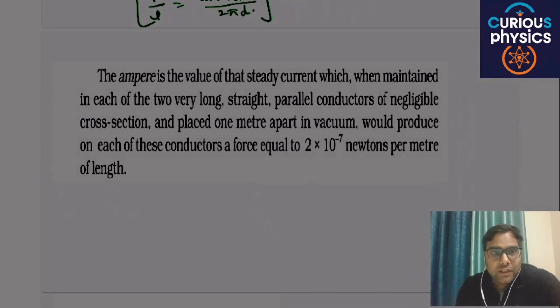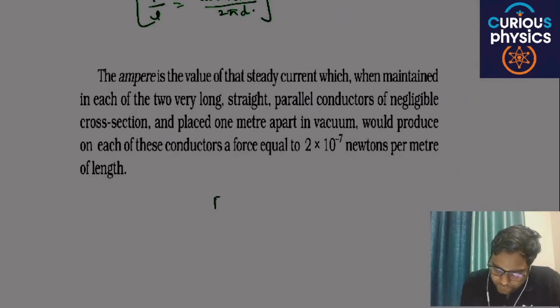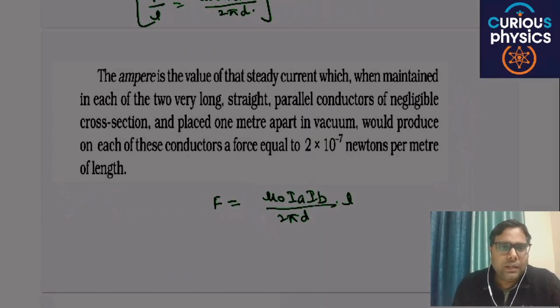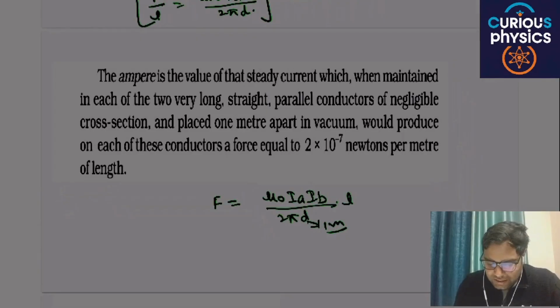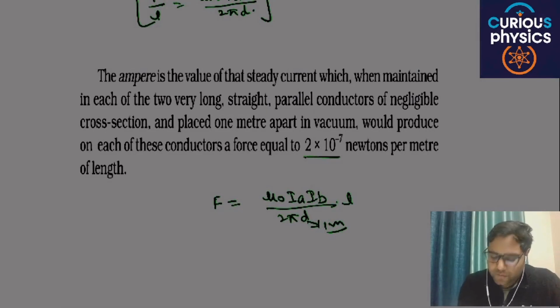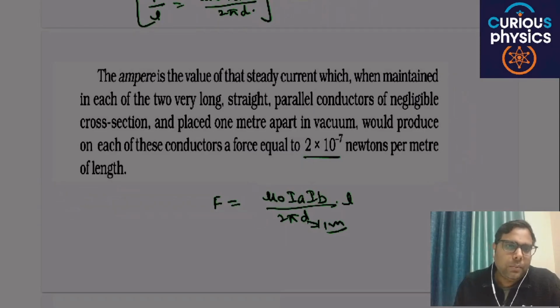The ampere is the value of that steady current, because here you have the formula F is equal to mu naught IA IB divided by 2 pi d into length. The ampere is the value of the steady current which, when maintained in each of two very long straight parallel conductors of negligible cross section and placed 1 meter apart, so the value of d is 1 meter, in vacuum would produce on each of these conductors a force of 2 into 10 raised to power minus 7 Newton per meter of length.